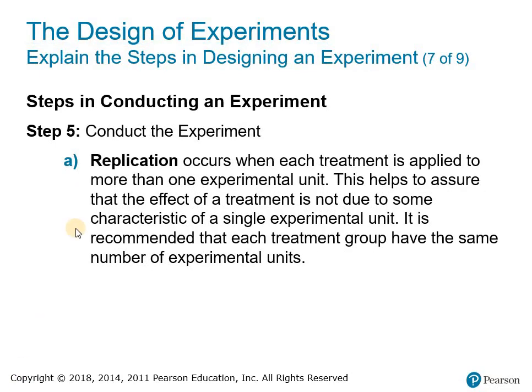Conduct the experiment. Replication occurs when each treatment is applied to more than one experimental unit. This helps to assure that the effect of a treatment is not due to some characteristics of a single experimental unit. It is recommended that each treatment group have the same number of experimental units.